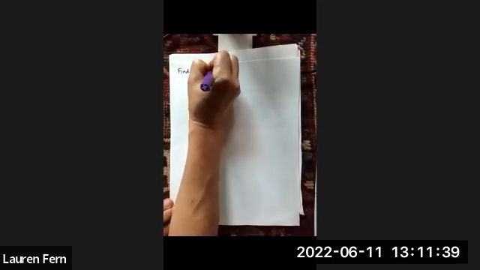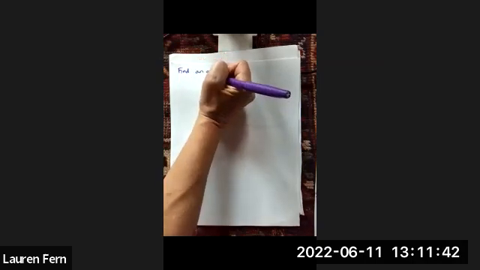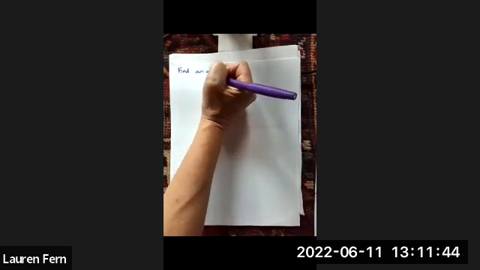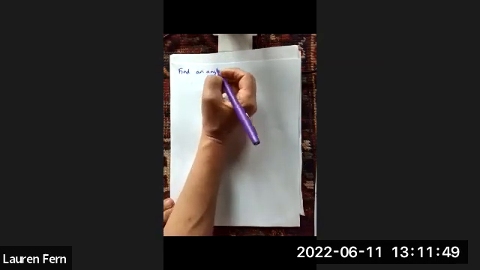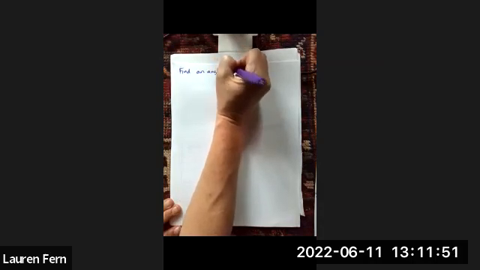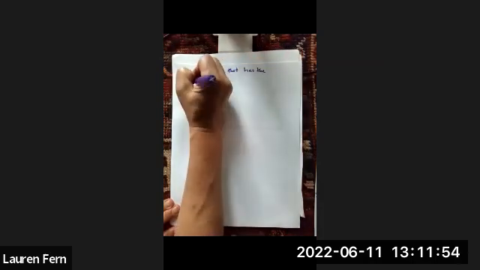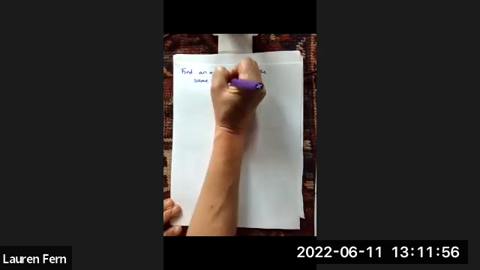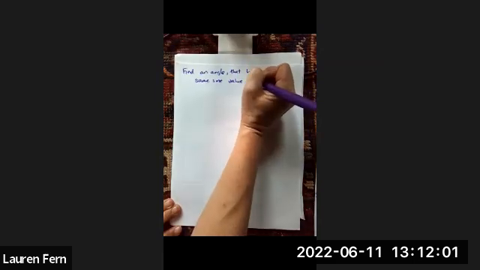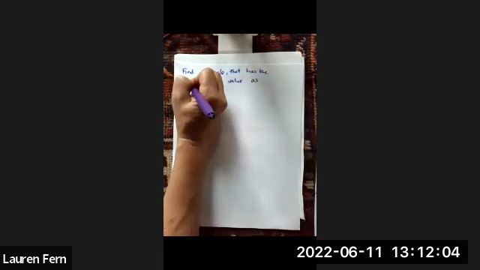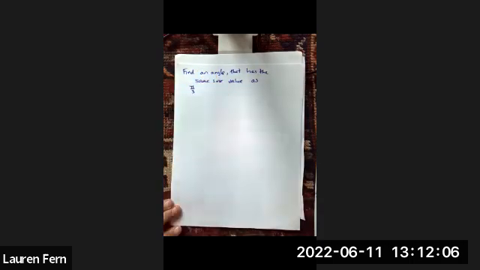So what if I want us to find an angle either between 0 and 360 or 0 and 2π that has the same sine value as, say, π/3?